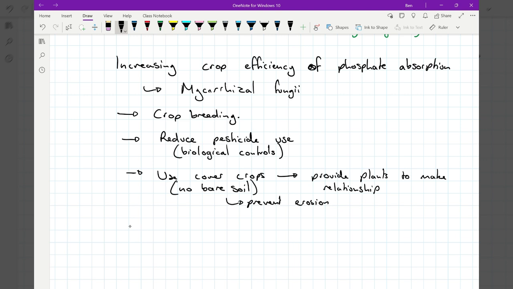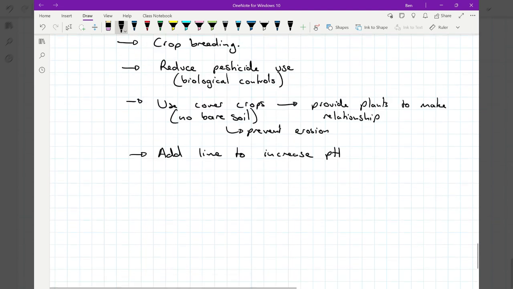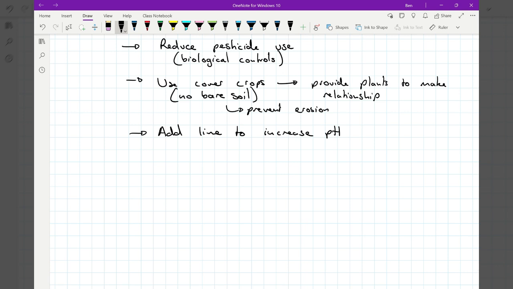We can add lime to increase pH to make the phosphates more available in the soil, and we can reduce erosion through things like cover crops.